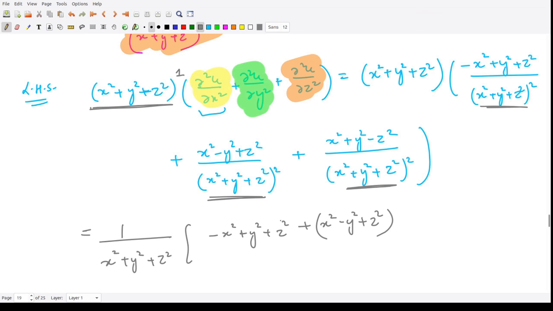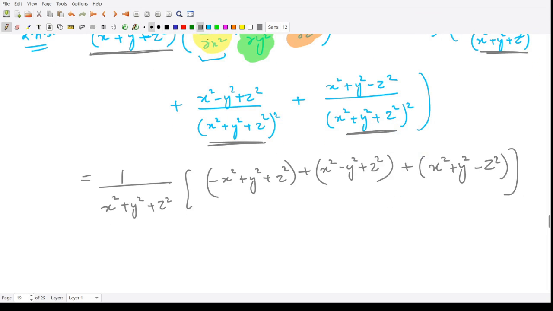This is according to the second term, this is according to the first term, and then according to the third term we have (x² + y² − z²). So now you see this x² cancels with this x², this y² cancels with this y², and this z² cancels with this z².